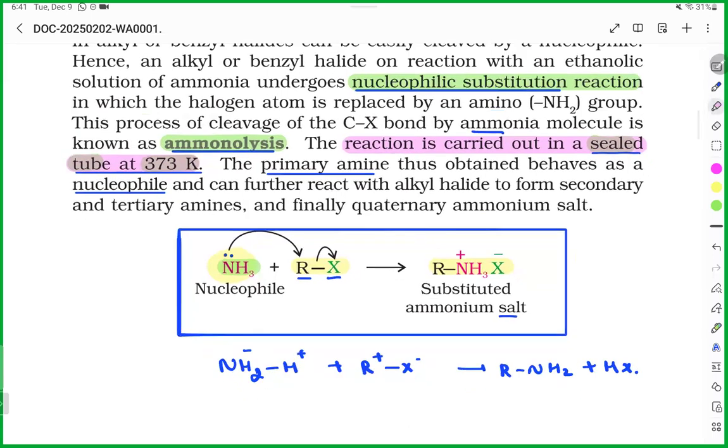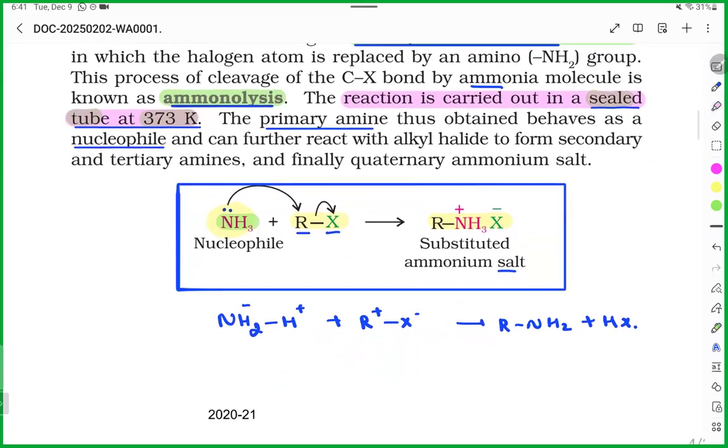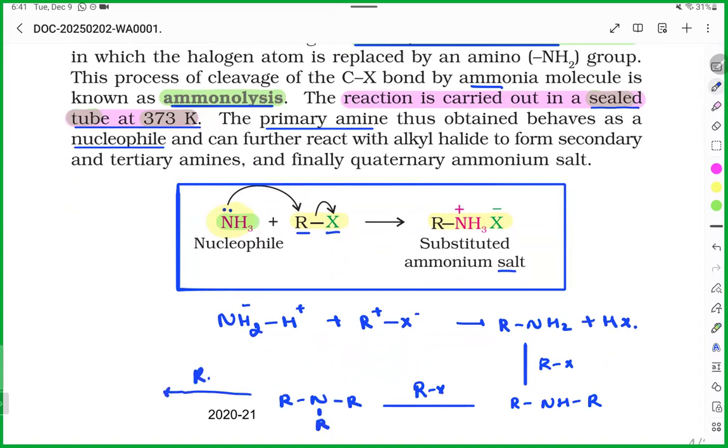Why? Because, for example, if it again reacts with RX, you can take the multiple form. It can form secondary amine or tertiary amine because the reaction is continuously happening, or quaternary amine, again salt, because the reaction is continuously happening, N positive and 4R.